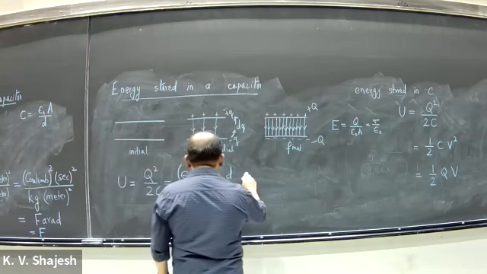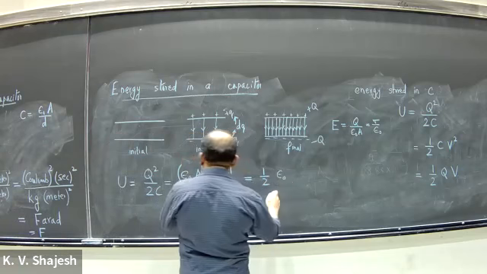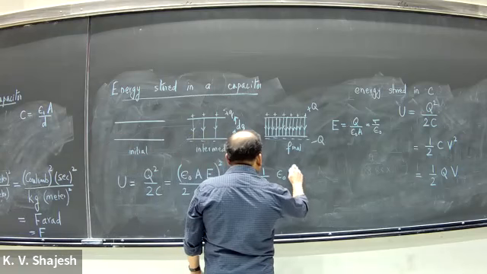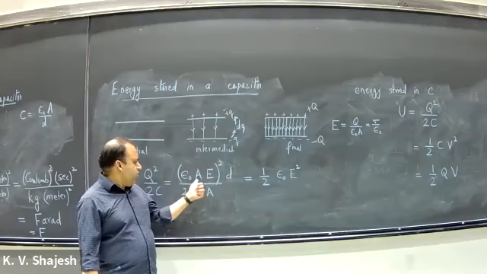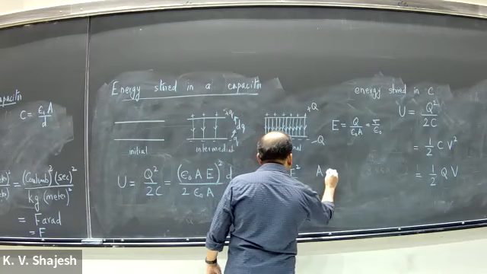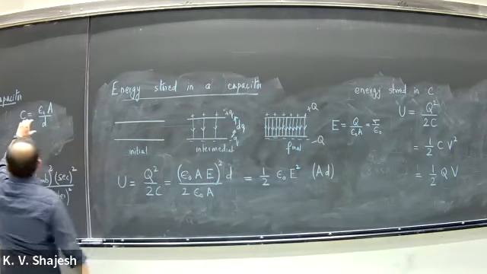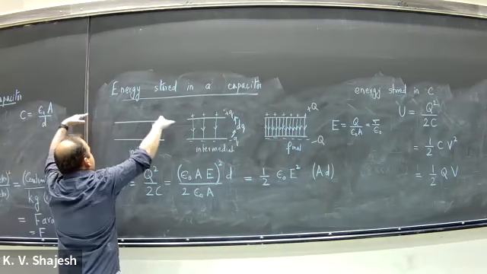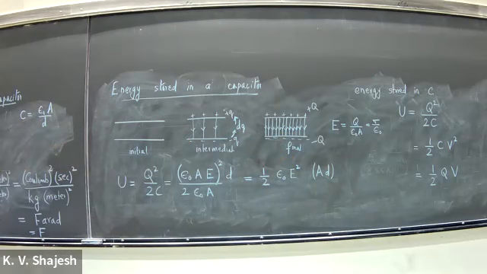1 by 2 epsilon naught E squared, and there is a geometry left out, that is A times D. Area times the distance between the plates. That's the volume between the plates.